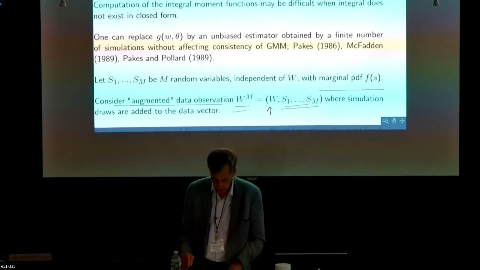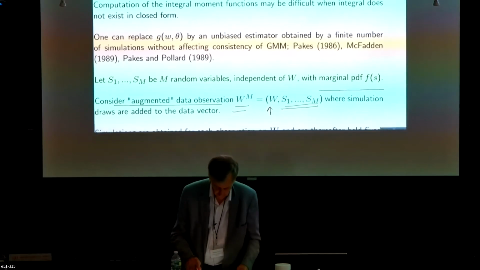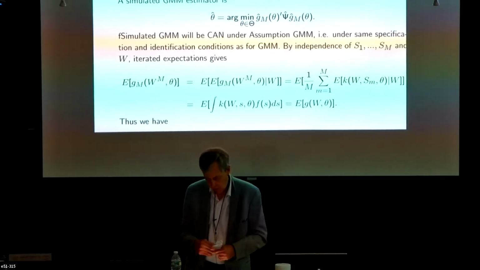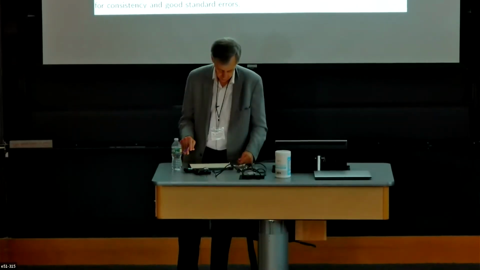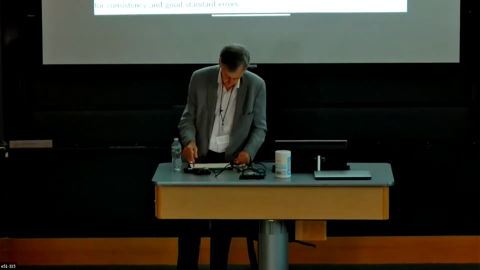The key thing here is that each of these simulation draws has exactly this distribution f of x. So the simulated moment function is just the average of this over the simulation draws. One critical thing: they're independent of W. This is absolutely essential.